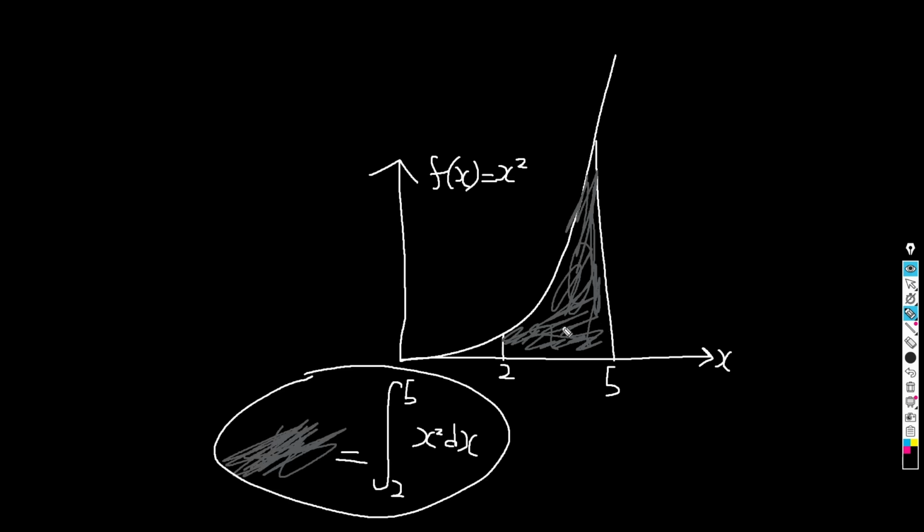So then this area here would be the area under this curve from x equals 2 to x equals 5 of x squared.